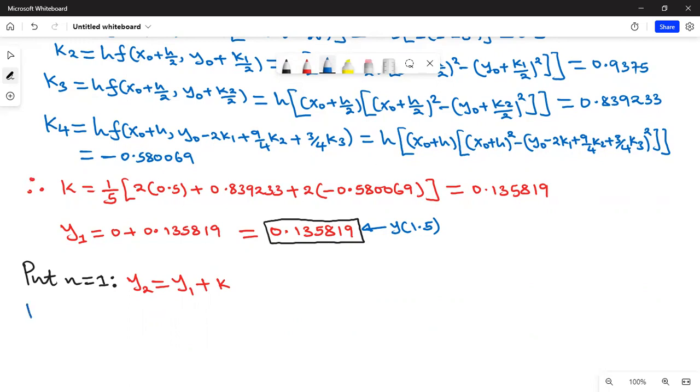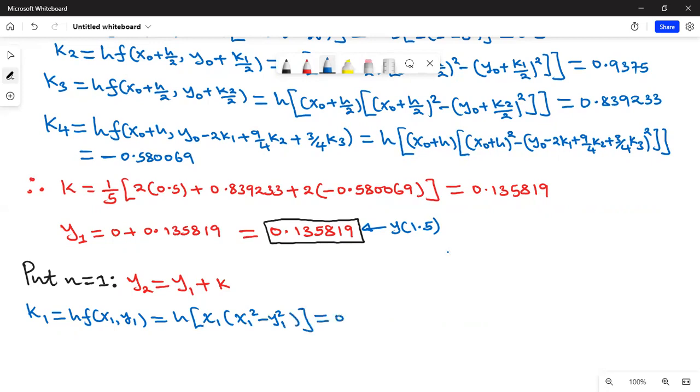So let's start with k1. That is h f of x1, y1. And so this will be h times x1 times x1 squared minus y1 squared.